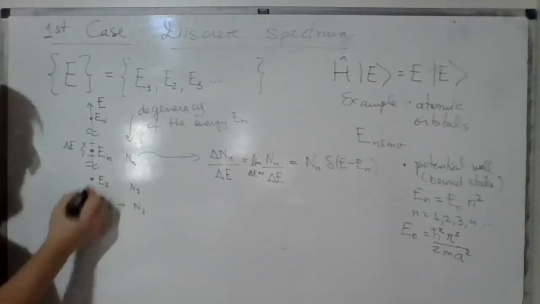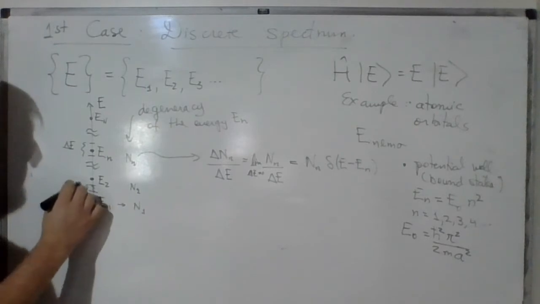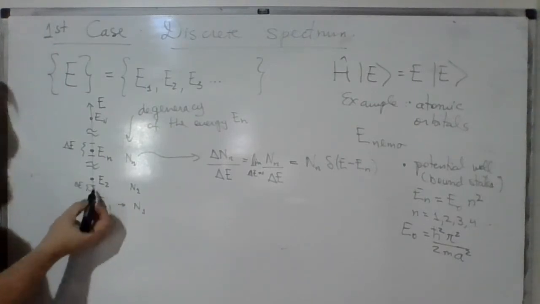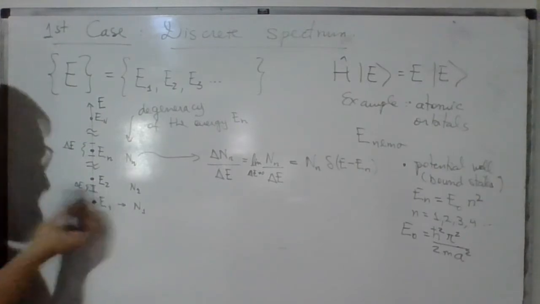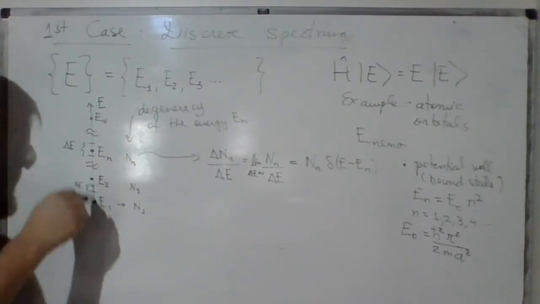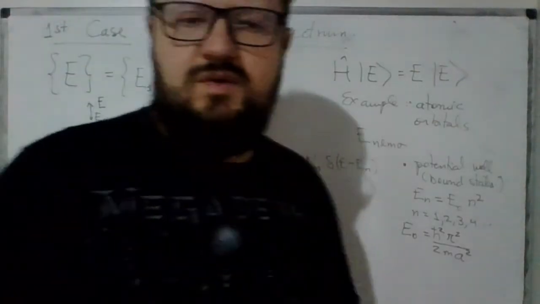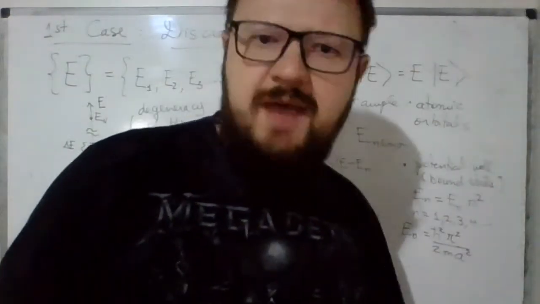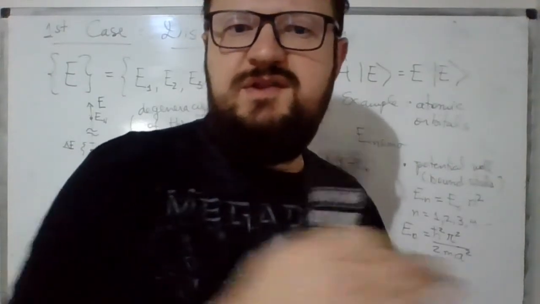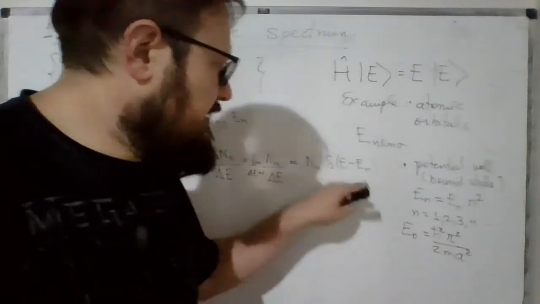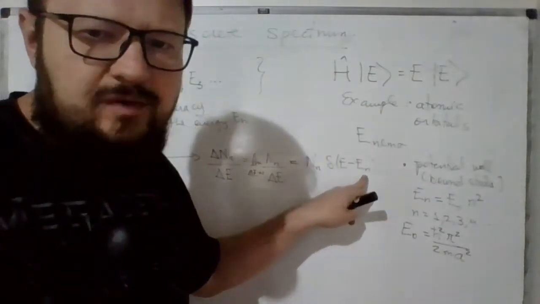If you go for another interval of energies here, you can define a delta E, and there are no allowed states. So in this region, you have 0 states, but at particular values of the energy, you have a number. Okay, so you describe this scenario in a discrete spectrum by Dirac deltas at the particular allowed levels.